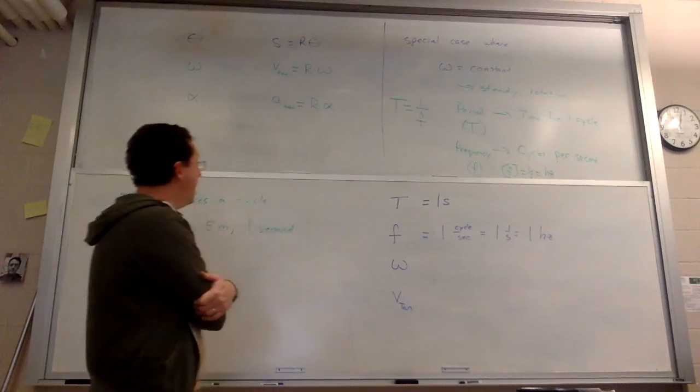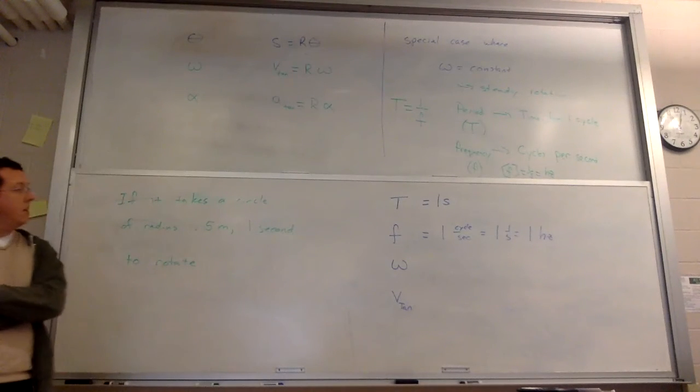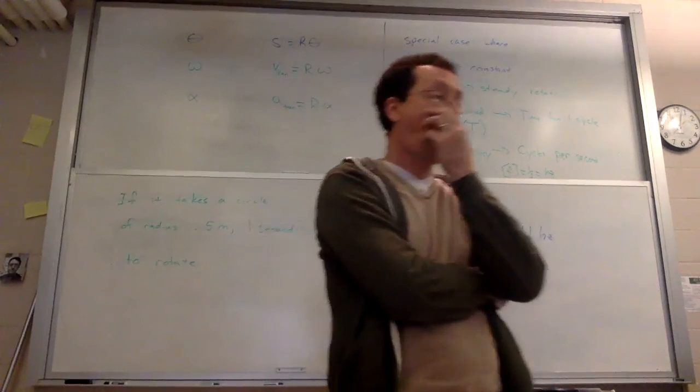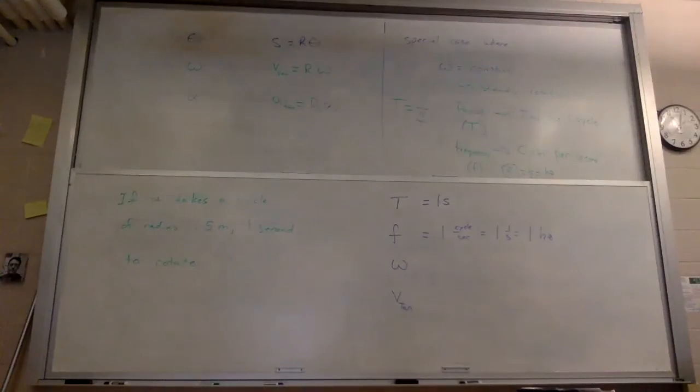All right. Now, how do we think about omega? What does omega measure? Angular velocities. What would be the units on omega? Radians per second, right? Okay.